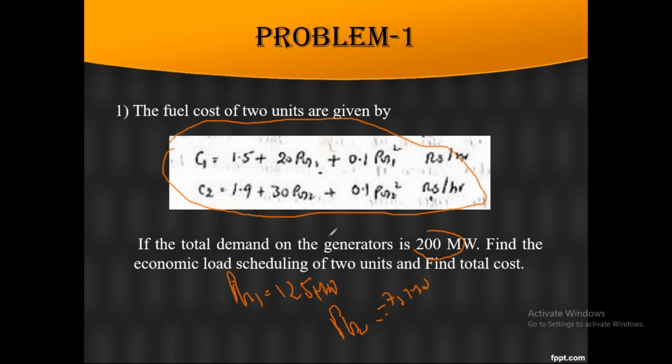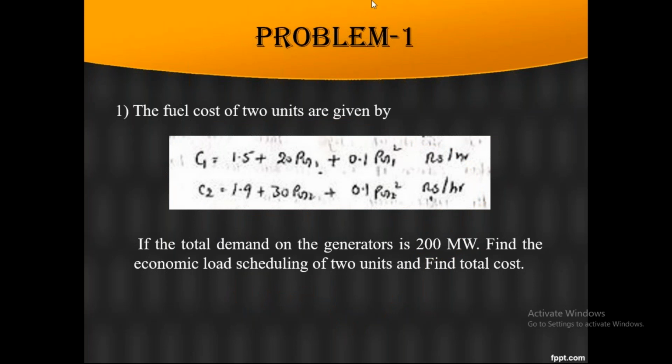After finding this, how we can calculate the total cost? So total cost is nothing but C equals C1 plus C2. Now substitute Pg1 and Pg2 in these equations, then add these two equations. Then you will get the total cost of the unit, that is power plant.